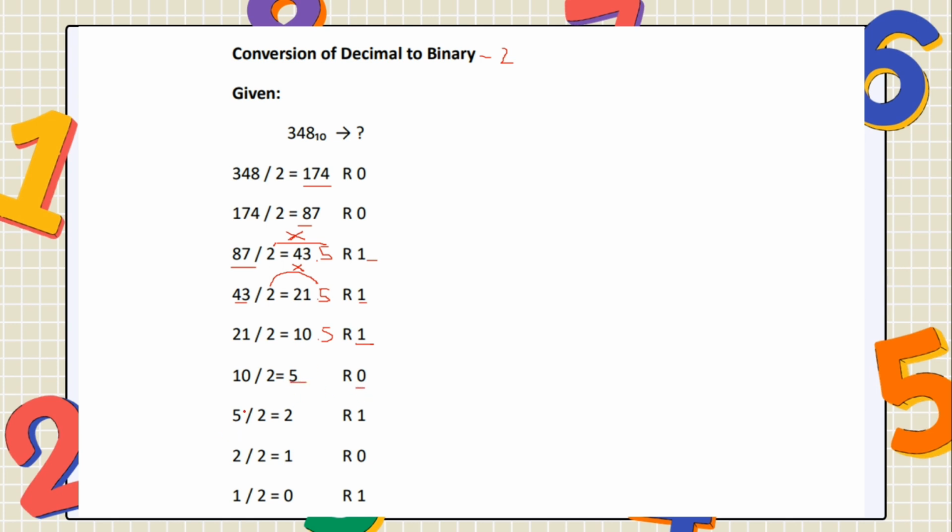Whole number na siya. So, 0. So, 5 divided by 2 equals 2.5. So, 1. So, 2 divided by 2 equals 1. 0 equals 1.